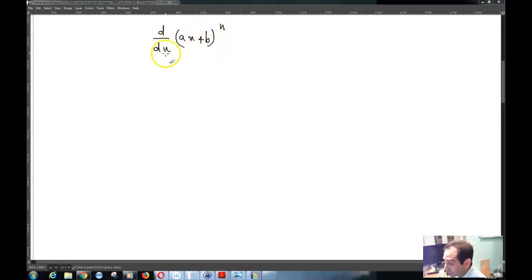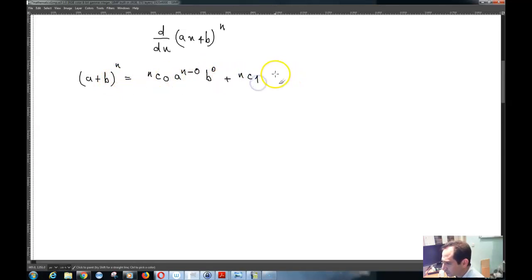So I know that a plus b raised to the power n, based on the binomial theorem, is n combination 0 a raised to the power n, meaning a raised to the power n minus 0, b raised to the power 0. Then you have n combination 1, a raised to the power n minus 1, b raised to the power 1.